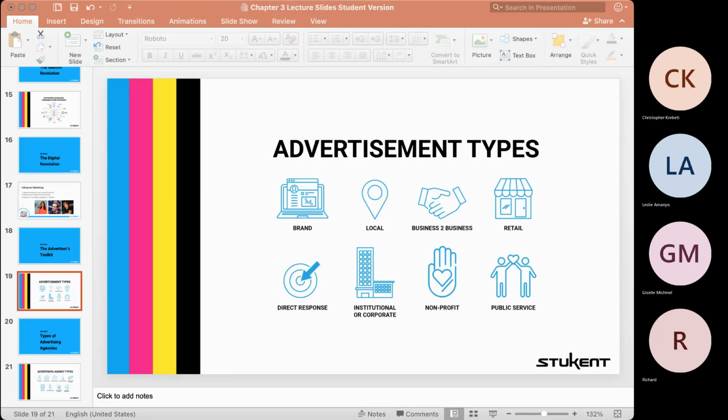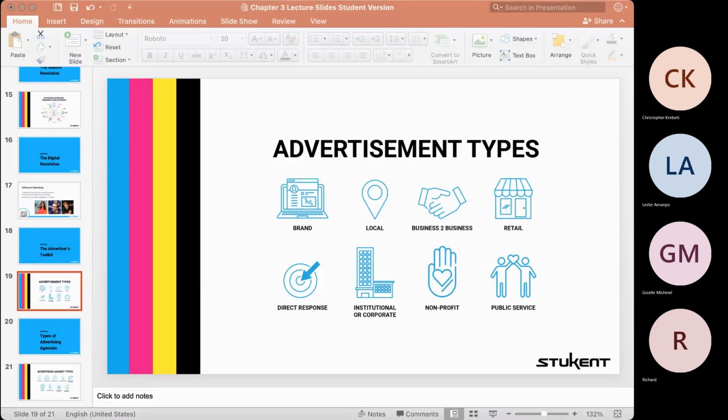Then we have non-profit advertising. Advertising on behalf of a non-profit organization to raise funds is an example of non-profit advertising. Do you know any? Let's say, for instance, you decide to help a non-profit organization raise funds to meet its needs.